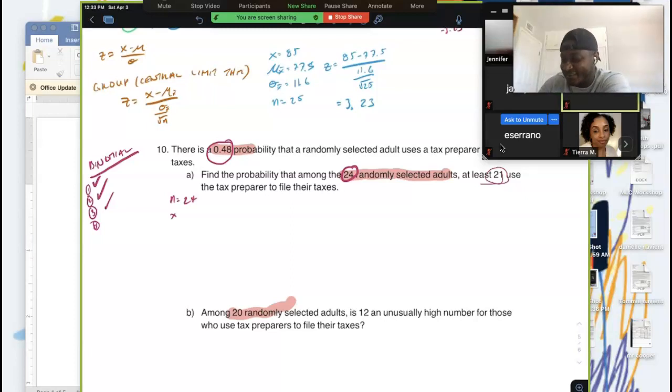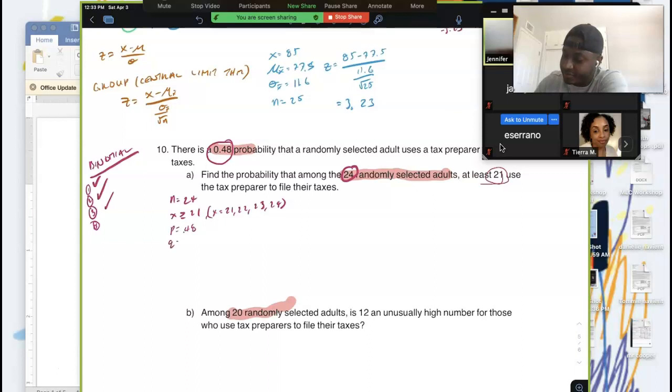So X is going to be greater than or equal to 21, which tells us that we need to find X equal to 21, 22, 23, and 24. Ooh, this is a nasty one. All right, so then your P is going to be 0.48.